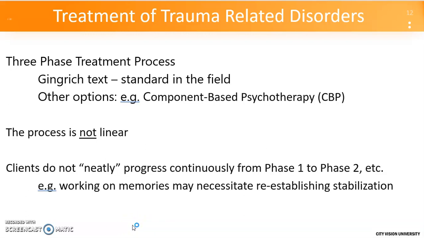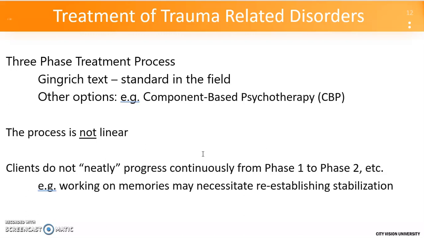The first component varies a little bit in that it specifically looks at the relationship, and that's an important way of addressing the aspect of safety and stabilization. They just put a specific aspect of that relationship piece. So take a look at that in your assignment and consider those aspects in your comparison and contrast.